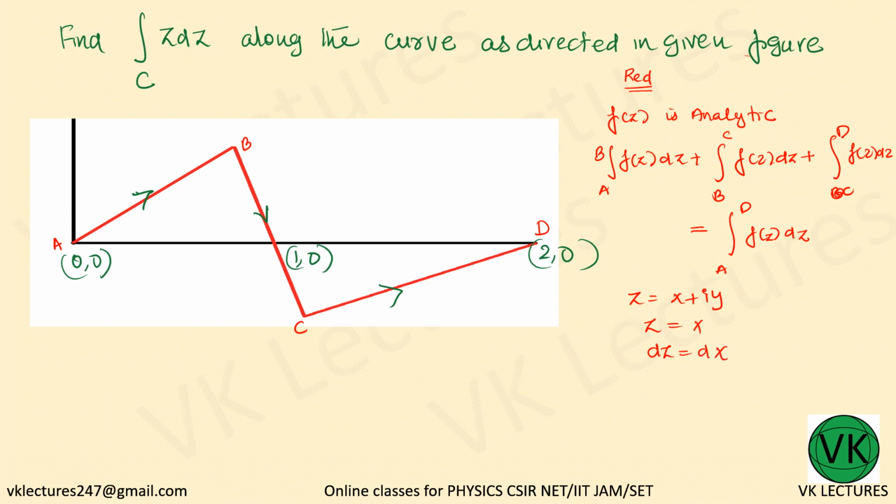So the integral of f dz from A to D is equal to the x value ranging from 0 to 2, so 0 to 2 of x dx, because z is x and dz is dx. That is equal to x squared by 2 from 0 to 2, which is 2 squared by 2, that is equal to 2.